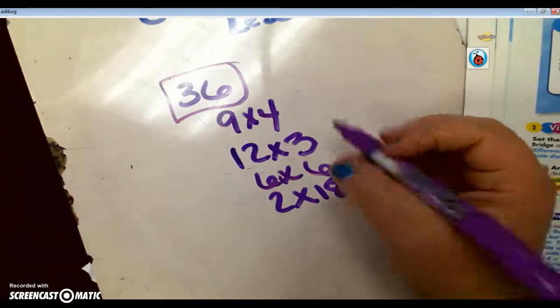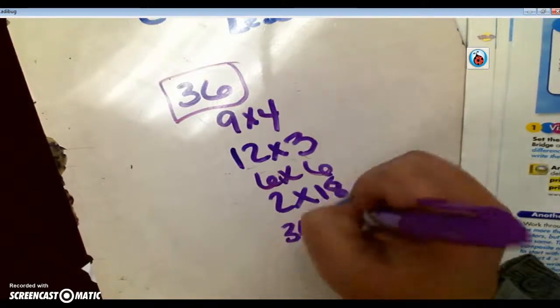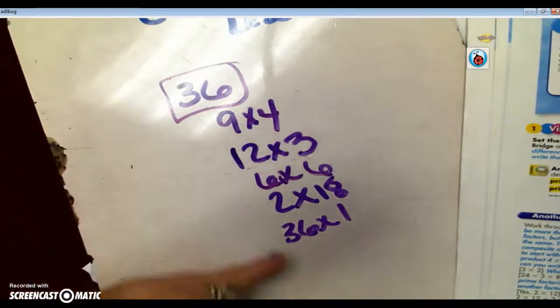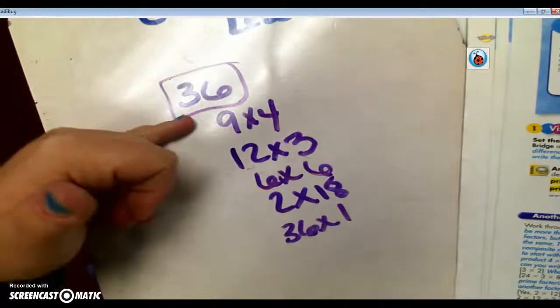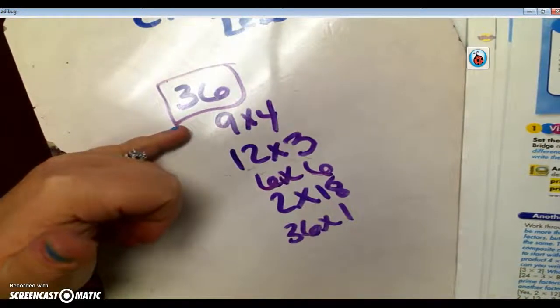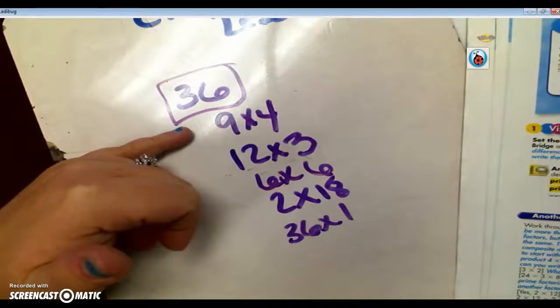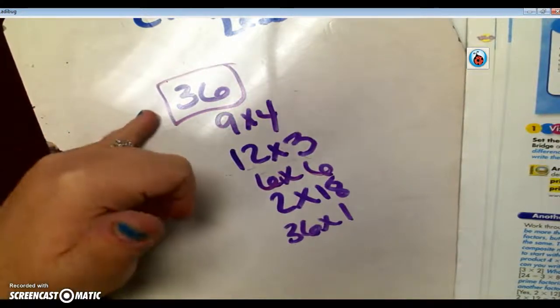Okay? And we could also do 36 times 1 if we wanted to. But do you notice how this has many factor pairs? That makes 36 a composite number. It's composed of many factors. Many factors can be put together to give you 36. Okay?